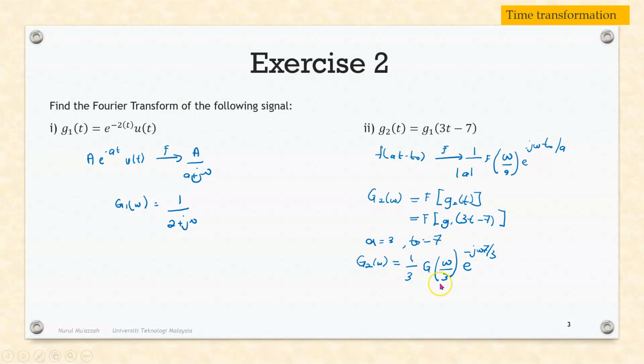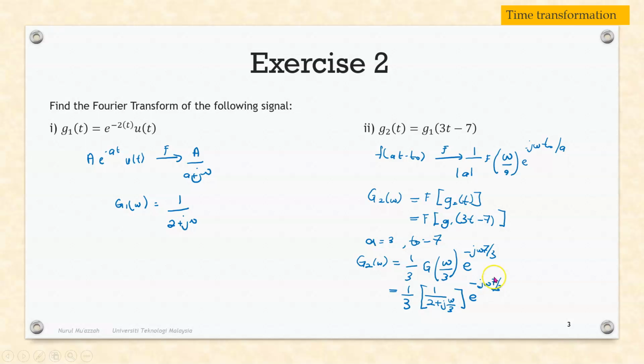You cannot just leave it like this. You have to put omega over 3 inside this g1. So basically your answer here is 1 divided by 3, and g1 here is 1 divided by 2 plus j, and this omega you substitute by omega over 3, multiplied by e^(-j omega 7 over 3).